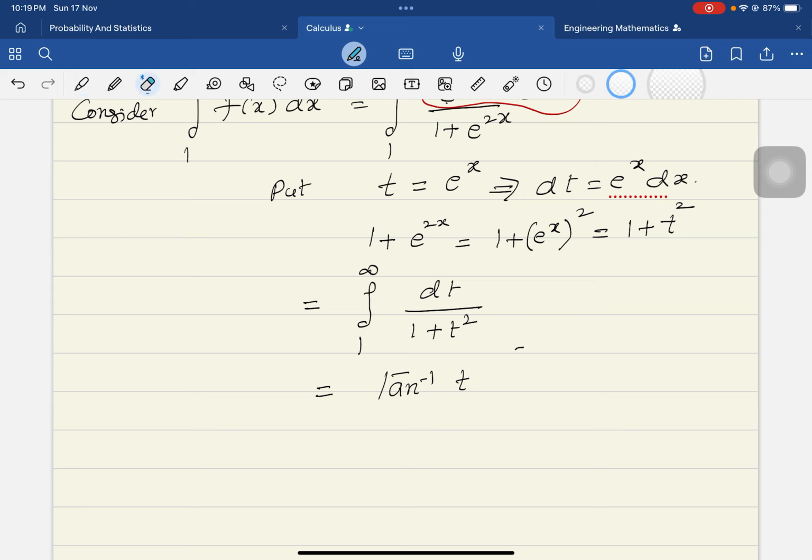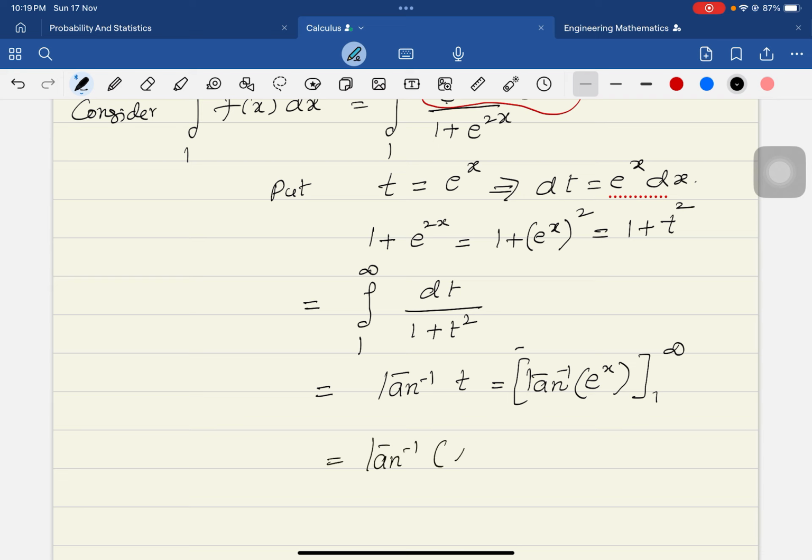In the place of t, we replace e power x. So that gives tan inverse of the upper limit e power infinity, minus tan inverse of the lower limit, e power 1, that is e. Sorry, this should be e power 1, okay.